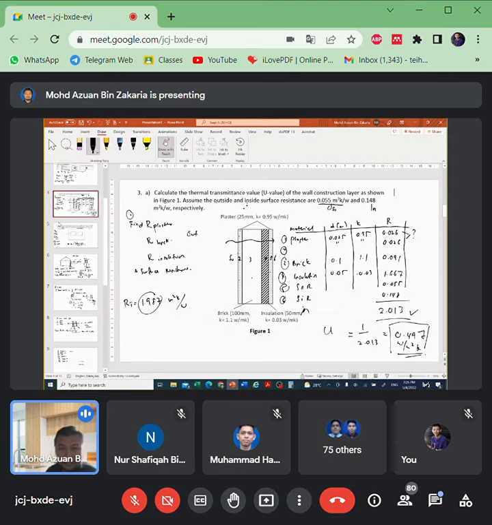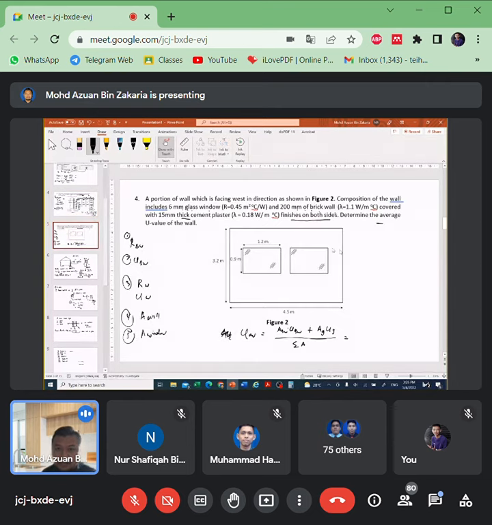Normally in actual conditions, we need to consider surface temperature and surface resistance, but in this example, please ignore it to simplify things. Ignore surface resistance. Okay, please calculate here. Find the average U value.